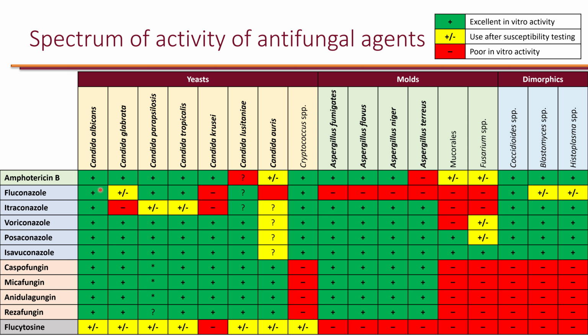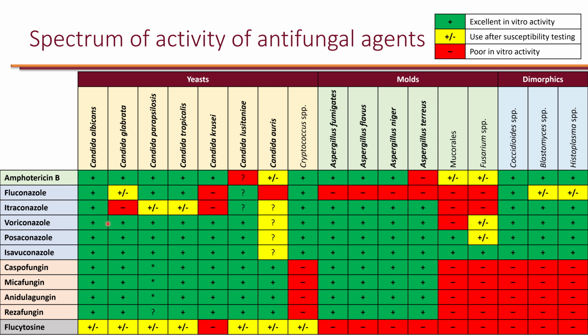Now, itraconazole is pretty much good activity against albicans, but not active against glabrata, and has somewhat activity against parapsilosis and tropicalis, but susceptibility is needed. Also not active against krusei, and of course for Candida auris, you just need susceptibility results.